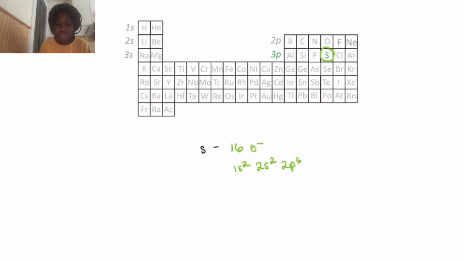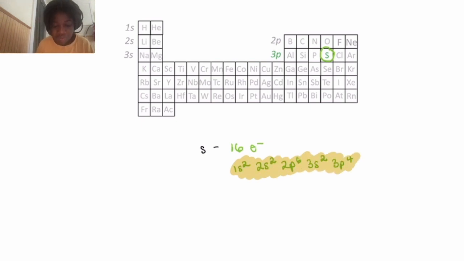Now we can't go to the right anymore, and we're at 3s, but we're not at sulfur yet, so we have to take all this into account. So I'll write this as 3s2, and then we are in our 3p orbital. Sulfur is the 4th element in, so we write it as 3p4. And it's as simple as that. This is the electron configuration.